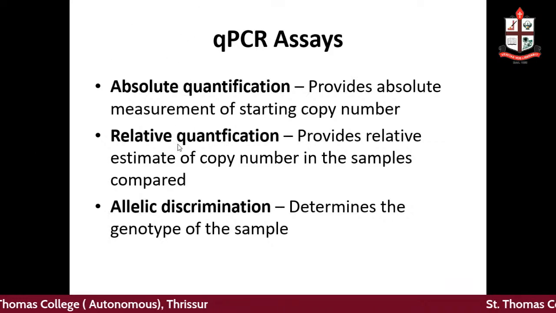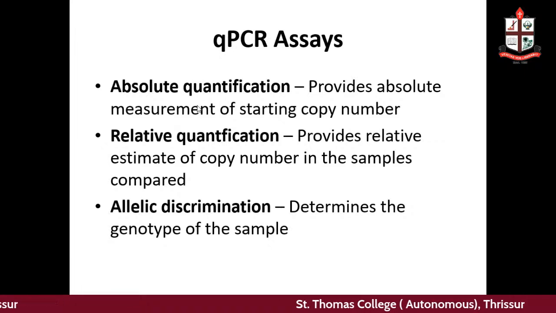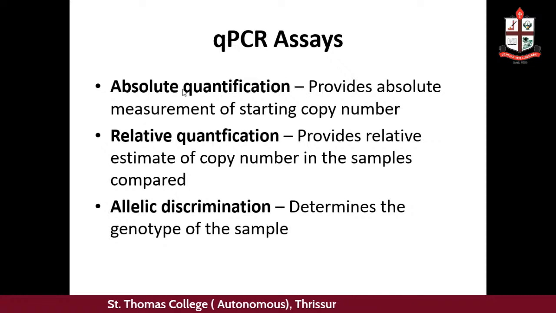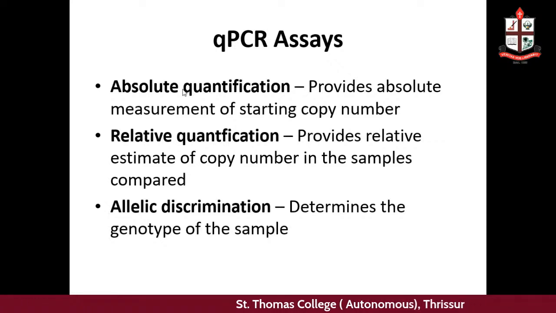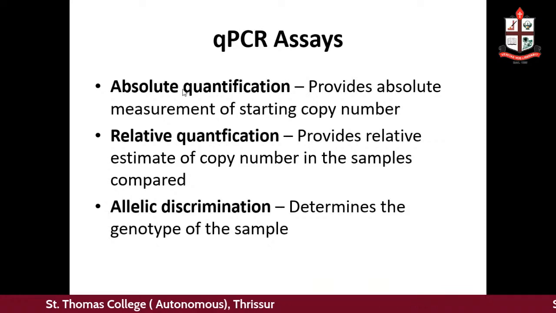And even relative quantification and absolute quantification can also be used for gene expression. So in absolute quantification, you are interested in identifying the actual quantity of the DNA, or how many copies of genes are there in your sample. That's when you go for absolute quantification. So it's just like an estimation analysis done in biochemistry for estimating any compound.